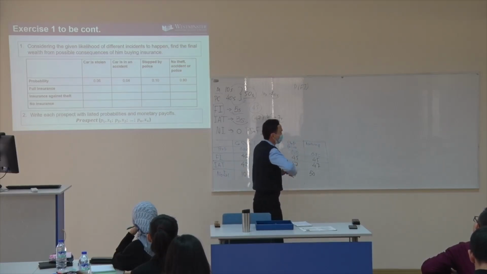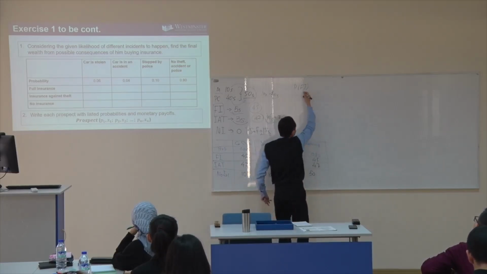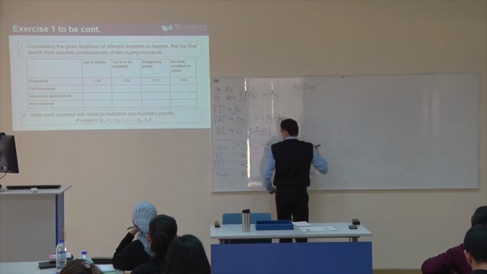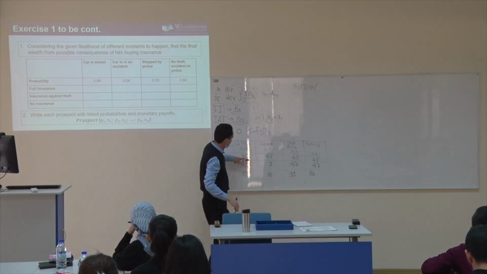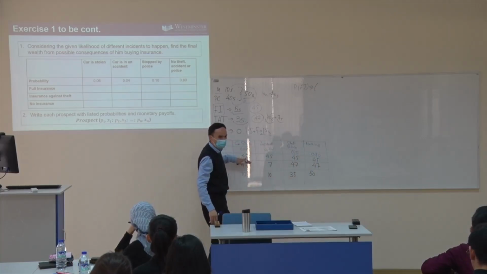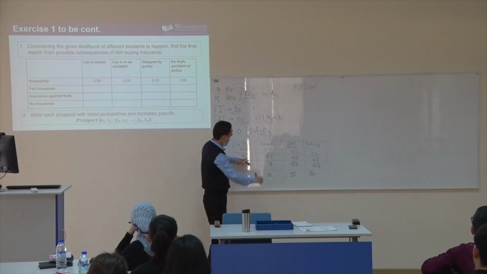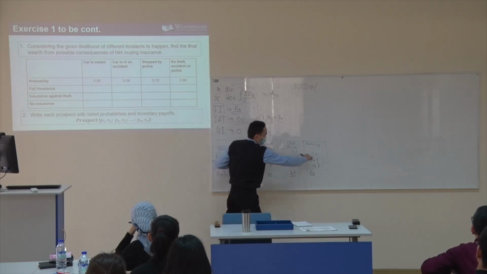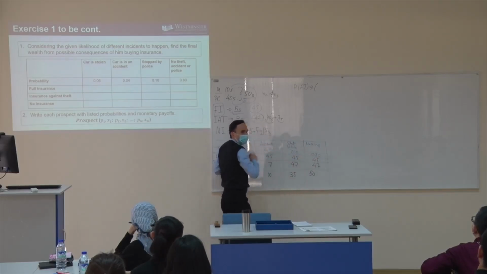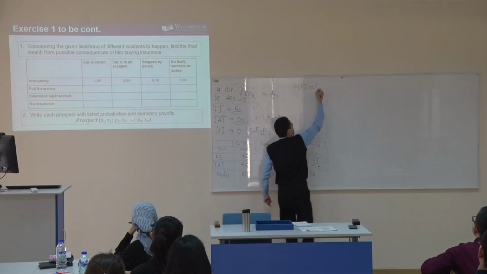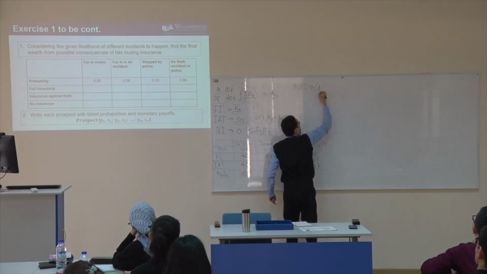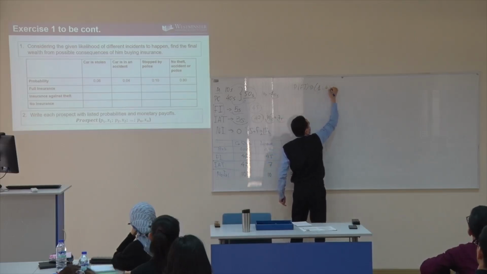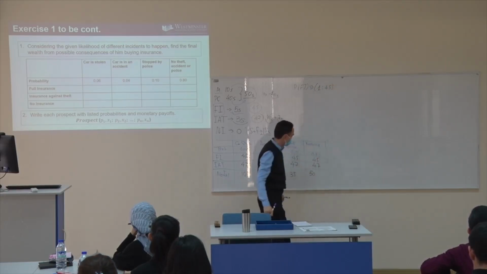If I'm going to write the prospect for full insurance, what is the probability of a monetary payoff of 45 sums? 1. In any case, it is 45. Which means there is a 100% probability that I will have 45 sums. Okay? I think now it's clear.